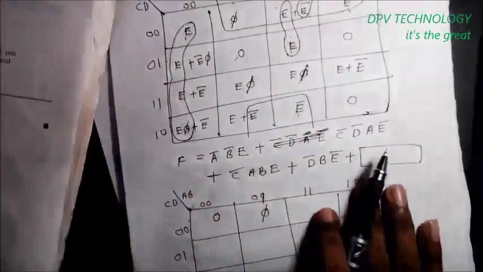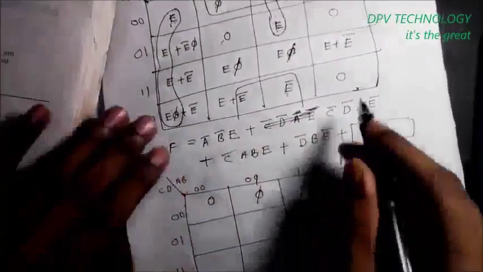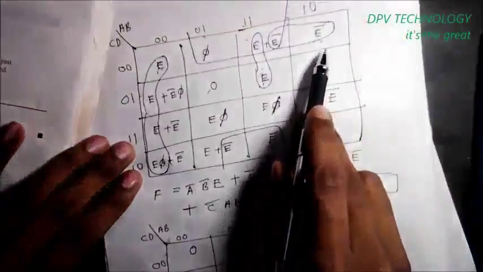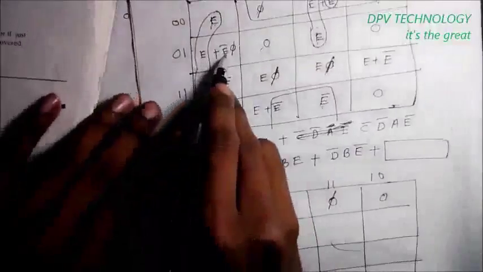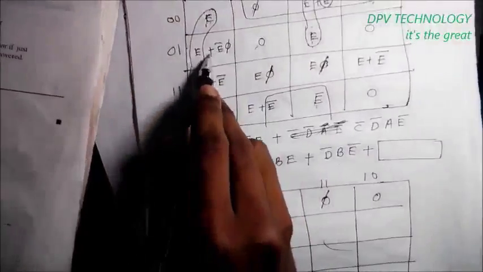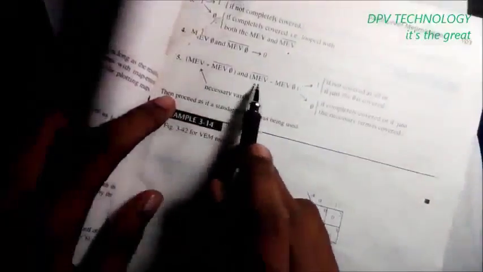When it is completely covered, then it will become don't care. Then this is E, but it is covered, so it will be 0. Here you can see MEV or MEV bar don't care.